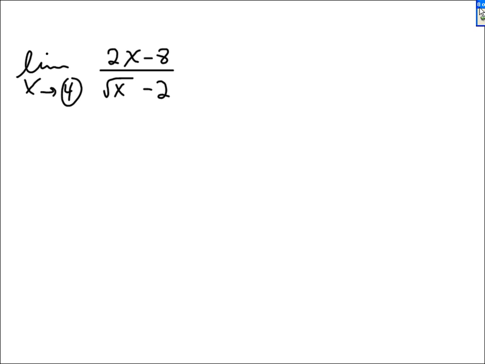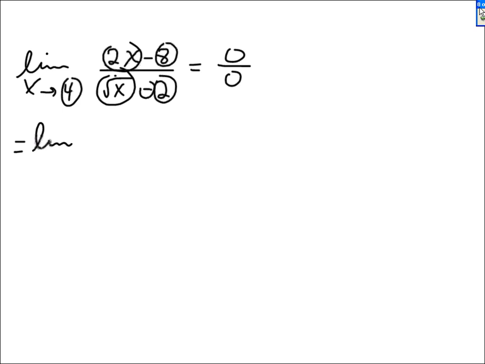Substitute 4 for x. 2 times 4 is 8. Take away 8, 0. Square root of 4 is 2. Take away 2, 0. Okay, we have to do something. Let me write it down again since I wrote on it so much.